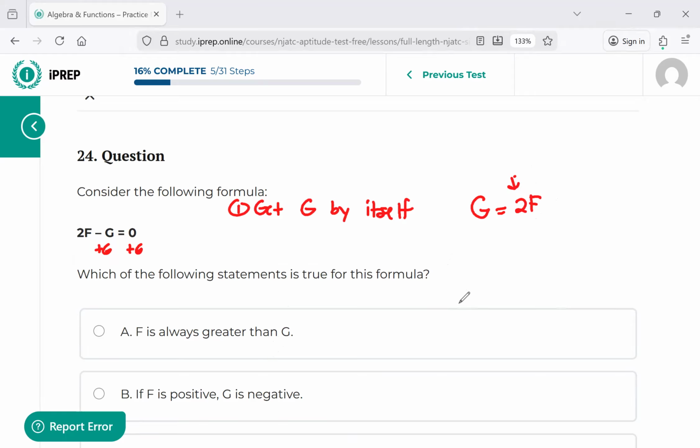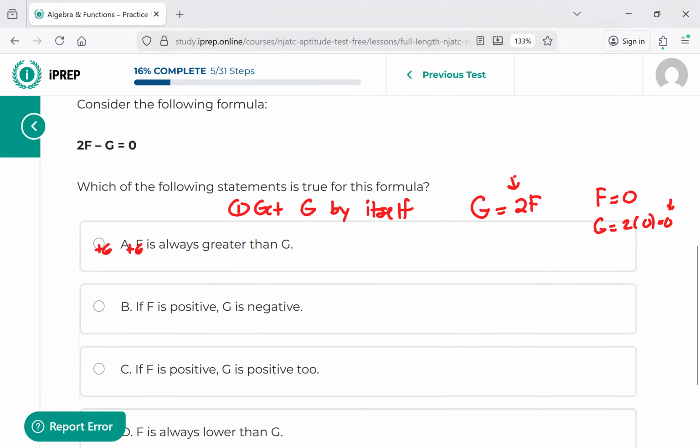What about B? If F is positive, G is negative. So what if you did F equals 0? 0 is technically positive. So G equals 2 times 0, just 0. No, that's not negative. So B is not it. C: if F is positive, G is positive. We could plug in values.